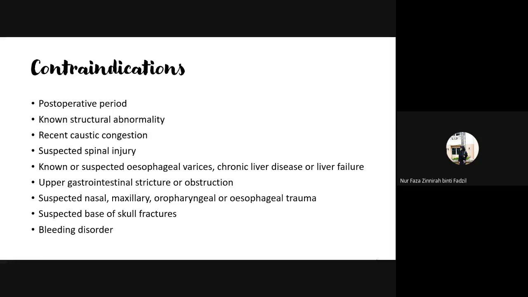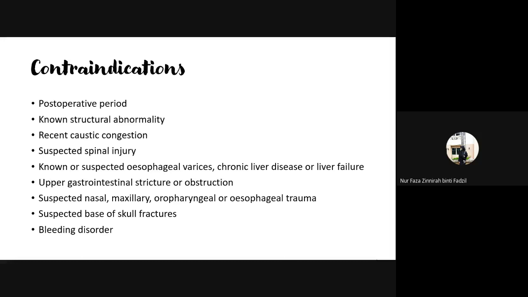Next. The contraindications for the OGT are if the patient is in the post-operative period. If the patient is known to have a structural abnormality, for example choanal atresia, where there is a block at the nasal passage. If the patient has had recent caustic ingestion, where the patient ingests a strong acid or alkali that can cause injury or burns to the upper GIT.